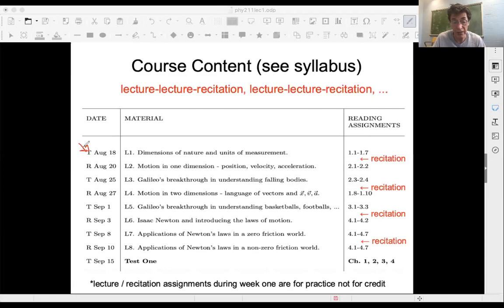And then you also see there our first test, which is in the middle of September. You can take a look at the full table at the end of the syllabus, and you can see the various topics that we're going to cover. You'll also see in the table the various section numbers of the textbook that we'll be covering as we work through the semester.